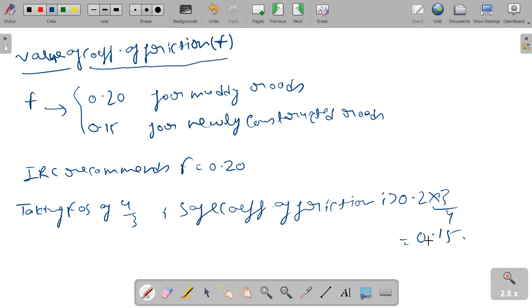Okay, so this is all about coefficient of lateral friction.